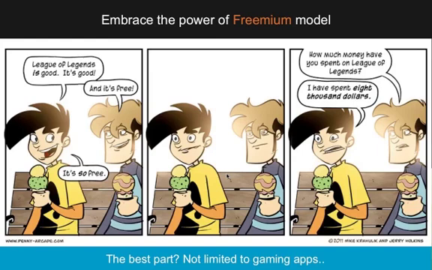Right? So it's not sci-fi. It's actually reality. And you know the best part? It's not limited to gaming apps. You could use the freemium model in any kind of app you have. You just have to figure out the mechanics of how to charge users for and when to charge users.